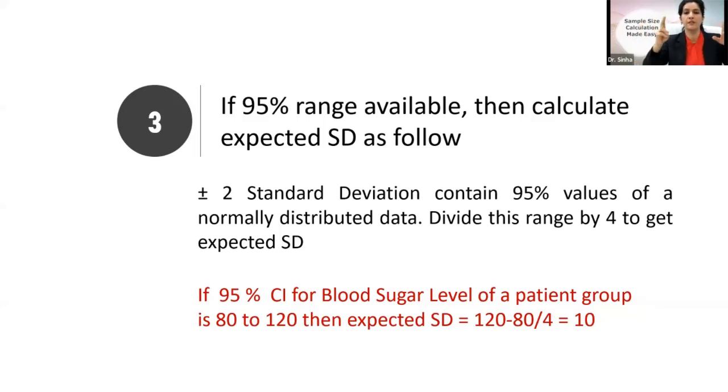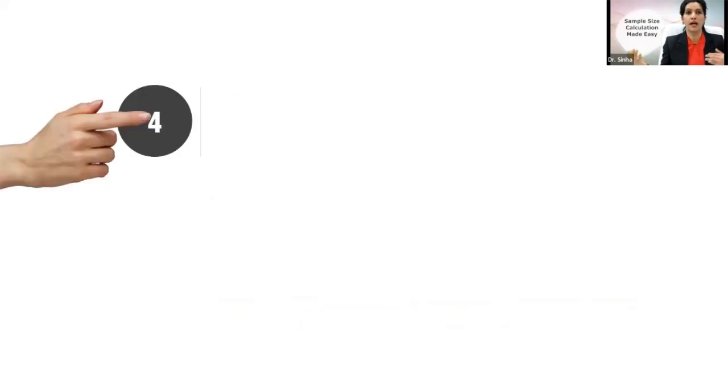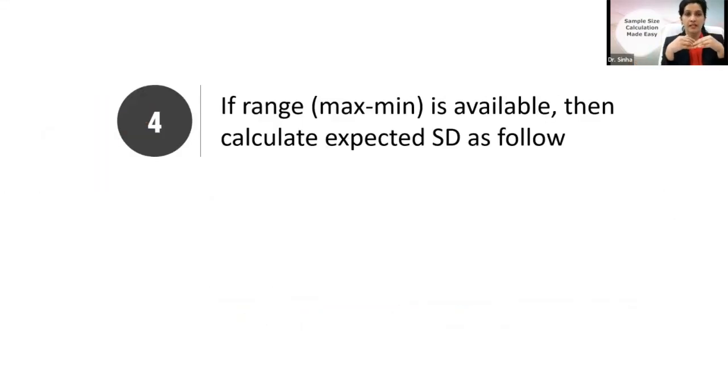So take the 95% confidence interval upper and lower value, subtract, and divide by 4, and it will give you the standard deviation. If the maximum and minimum are available, then we know that 6 standard deviation, plus minus 3 standard deviation, contains 99.9% of the values.